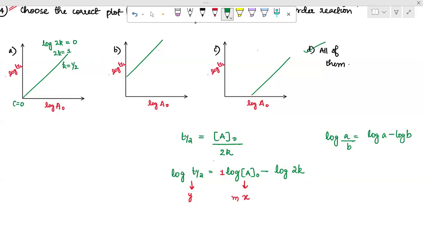In the respective units, so maybe t half is in seconds, initial concentration is in molar. If k is equal to 1 by 2 molar per second, this is a zero order reaction, then our intercept is going to be 0 because log 2k is going to be 0, and you will get a graph where the line passes through the origin.